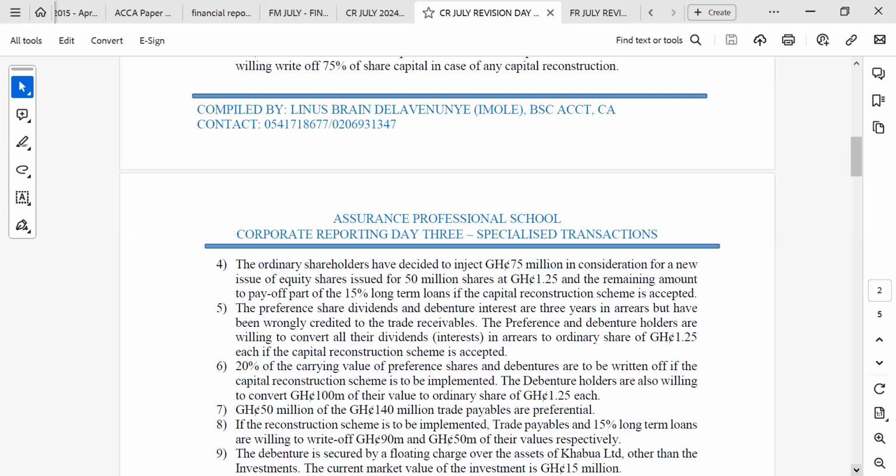Long-term loan. No, if you are crediting a long-term loan, okay, let me do the double entry so that you will not get it. So we are going to be debiting cash or bank, isn't it? 75,000. So we now credit equity shares of 62,500.